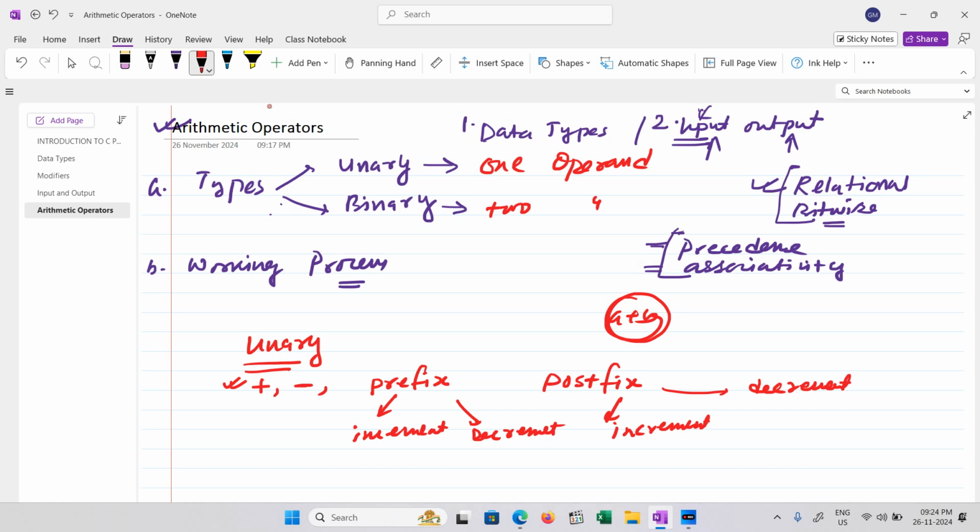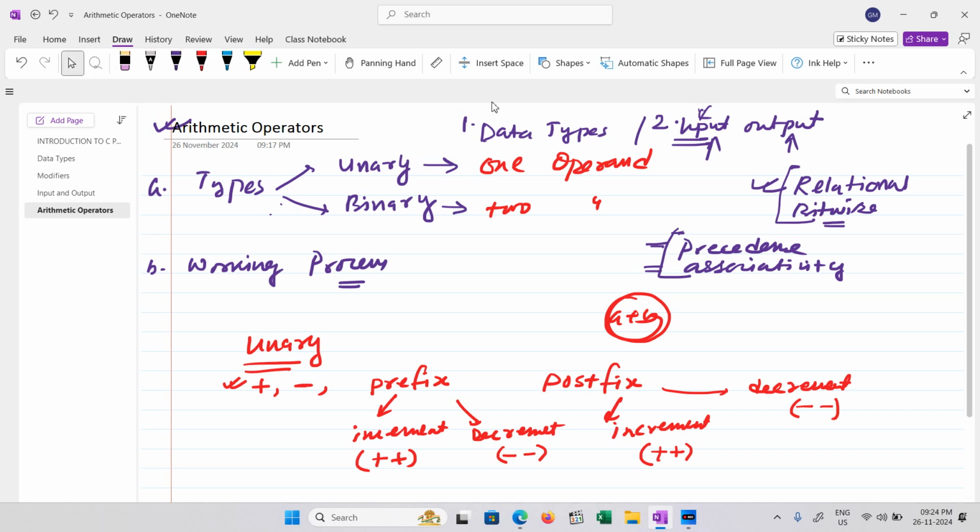Okay, so these symbols look the same. If we say prefix increment, it is represented with two plus symbols. Similarly, postfix increment is also represented with two plus symbols without any space, and decrement is represented by two minus signs in prefix as well as in the postfix category.